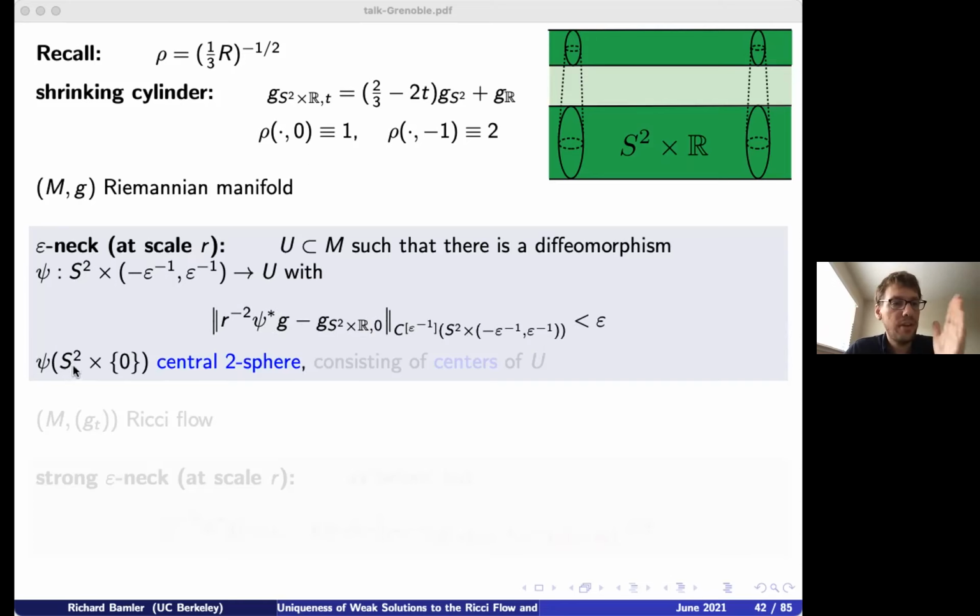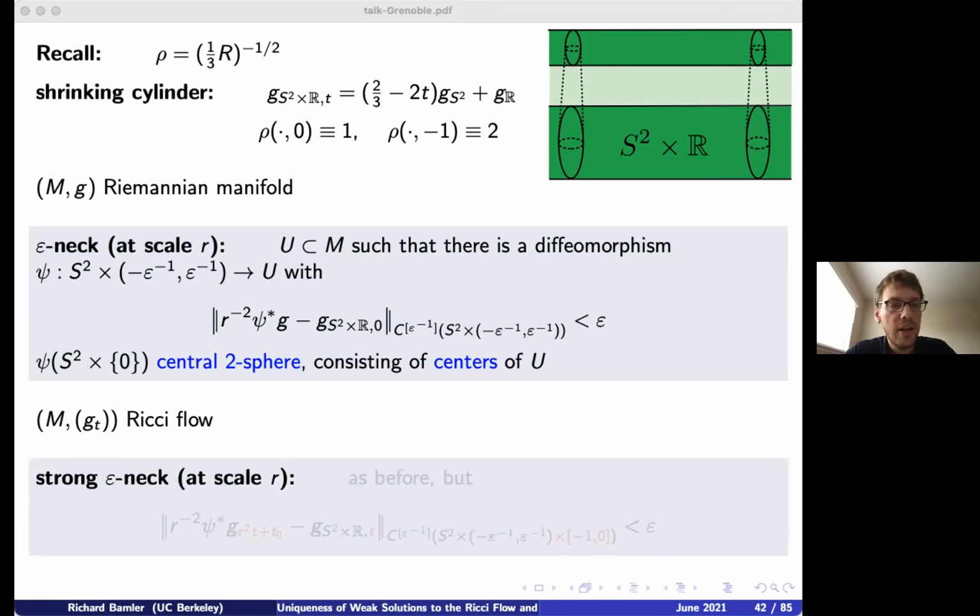I'll need this piece of terminology, and then the other piece of terminology is the Ricci flow version of this, and I'll call this a strong epsilon neck. A strong epsilon neck is the same definition as before, but now in the Ricci flow setting, and I'm going to require that the entire flow on a time interval of size r^2 has to be close to the round shrinking cylinder.